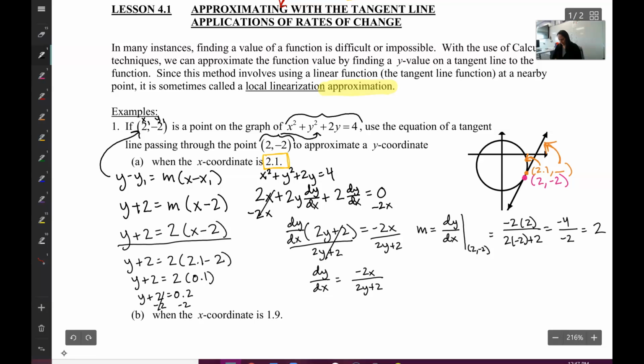Like so. So we get y equals negative 1.8. So that should be a pretty close approximation for what the y value would be at this x value.